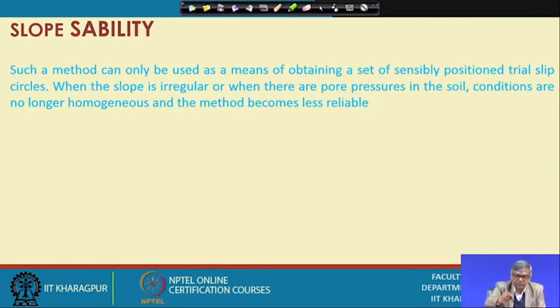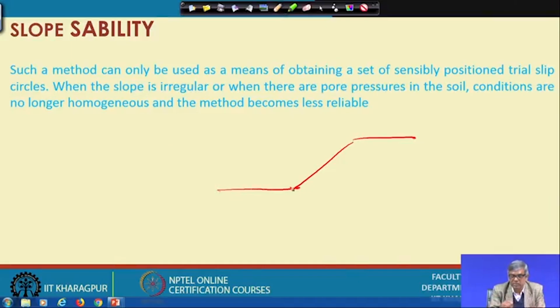That means, whatever method we have discussed so far, there is a slope like this, and first the condition is homogeneous and there is no pore pressure, and then what we are doing is taking a slip surface, considering the equilibrium and finding out the factor of safety.